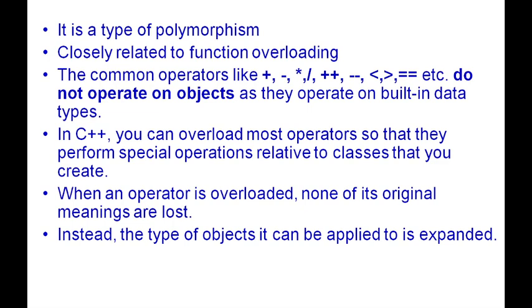So we will have to decide what the operator has to do, and we have to write the code for that so that it will do exactly what we say. So we will be learning about how to create our own function for operator overloading so that it executes that function when we use the operator with our objects.